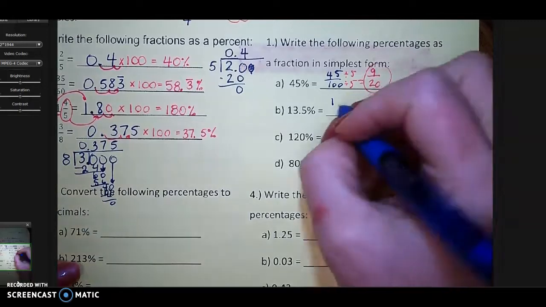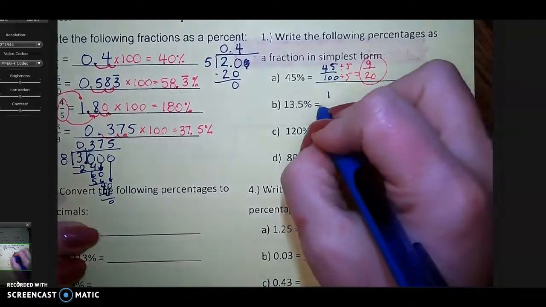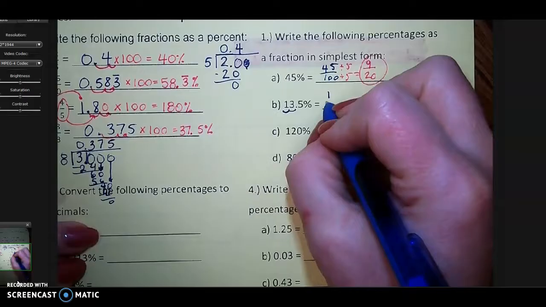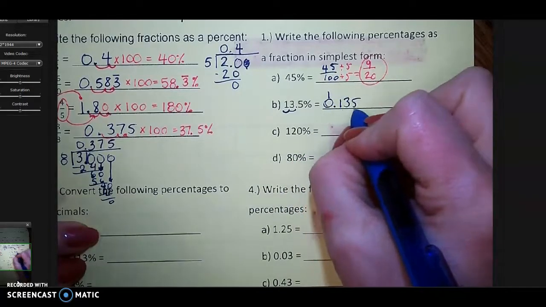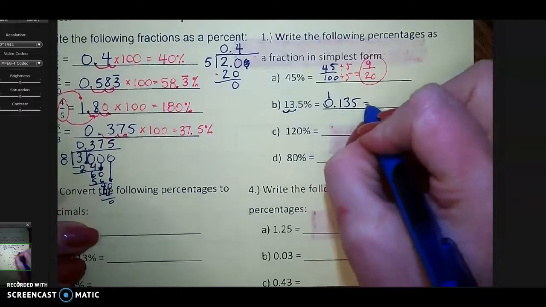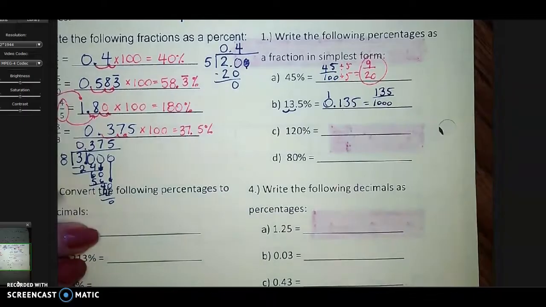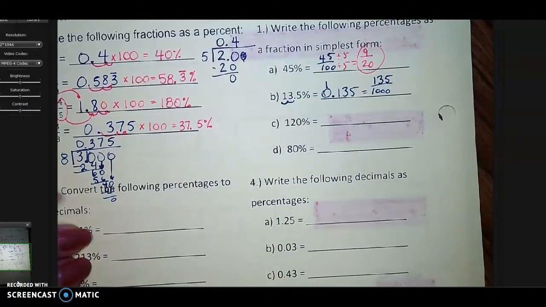For this next one, I have 13.5%. And so another thing I can do, I can think, well, that is the decimal 0.135. That takes me out not to the hundreds place, but to the thousands place. So I would put this one over 1,000, and then I would reduce, because we don't want a decimal in our fraction.